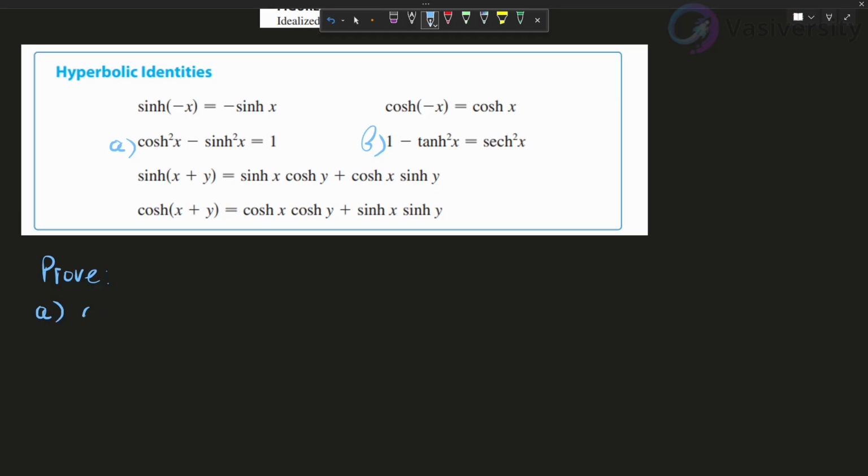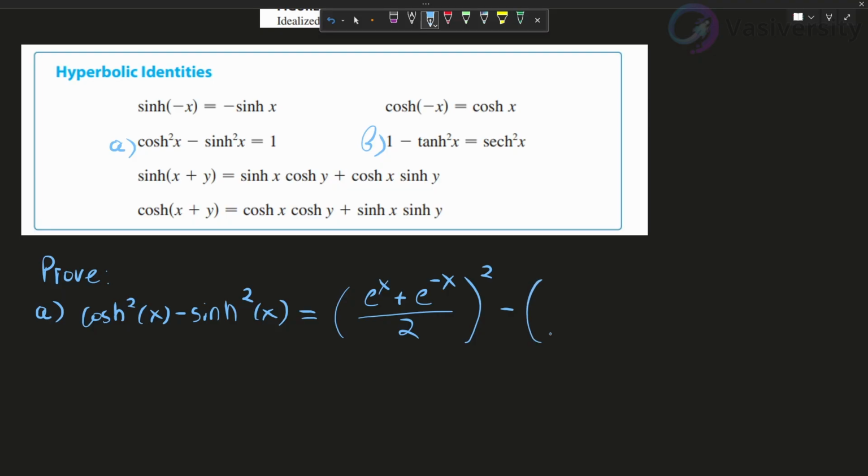So we have hyperbolic cosine of x squared minus hyperbolic sine of x squared. Okay. So that one's going to be equal to e to the x plus e to the negative x divided by 2, squared, minus e to the x minus e to the negative x divided by 2, squared.